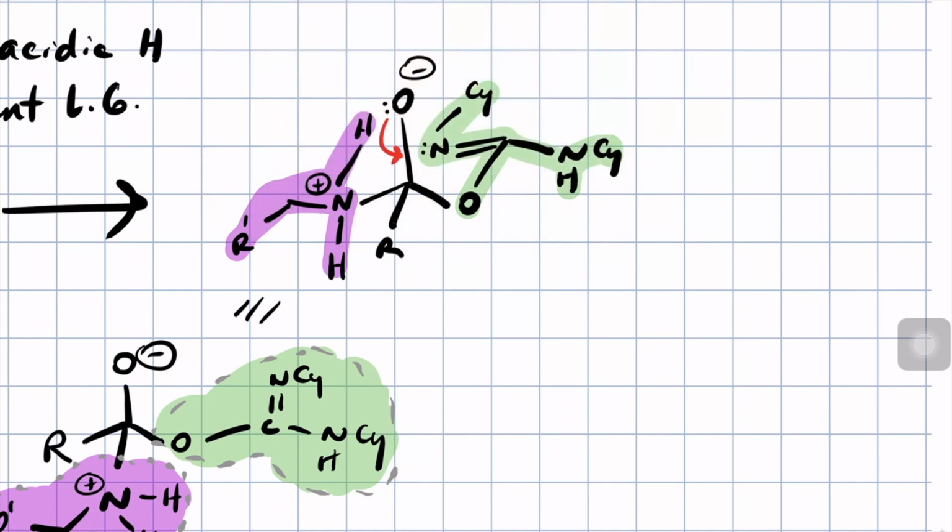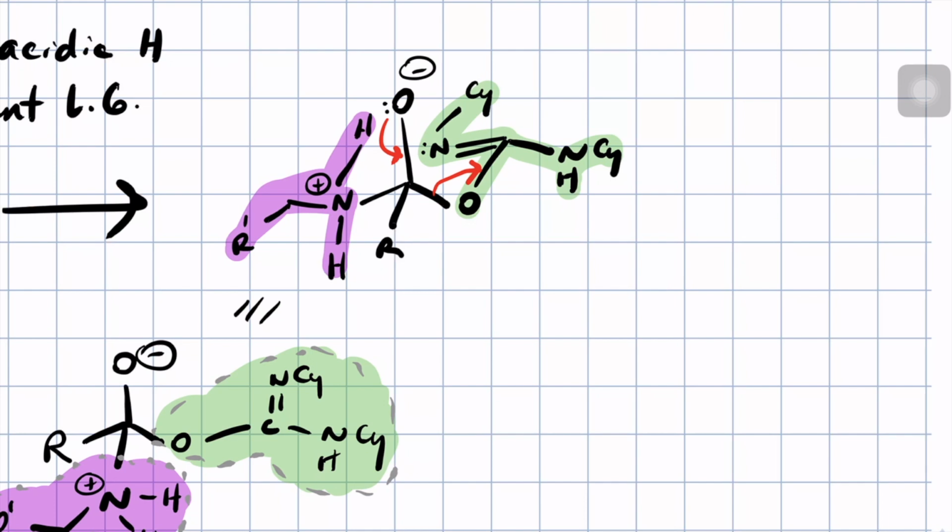At that stage, the electrons in this carbon-oxygen bond will leave and go on to the oxygen, though actually instead of staying on that oxygen, they will kick down to form a new oxygen-carbon pi bond.